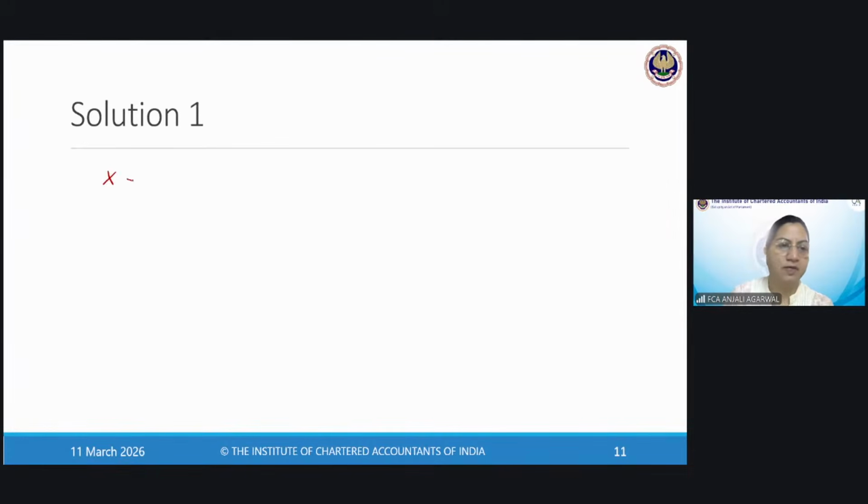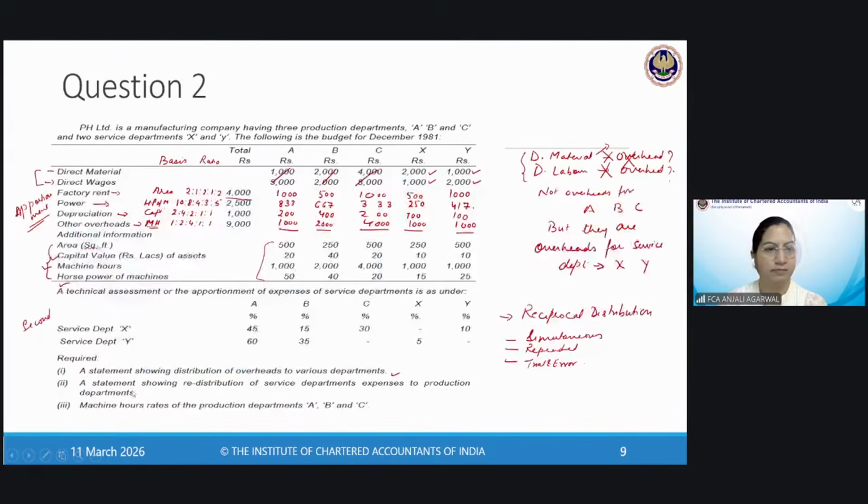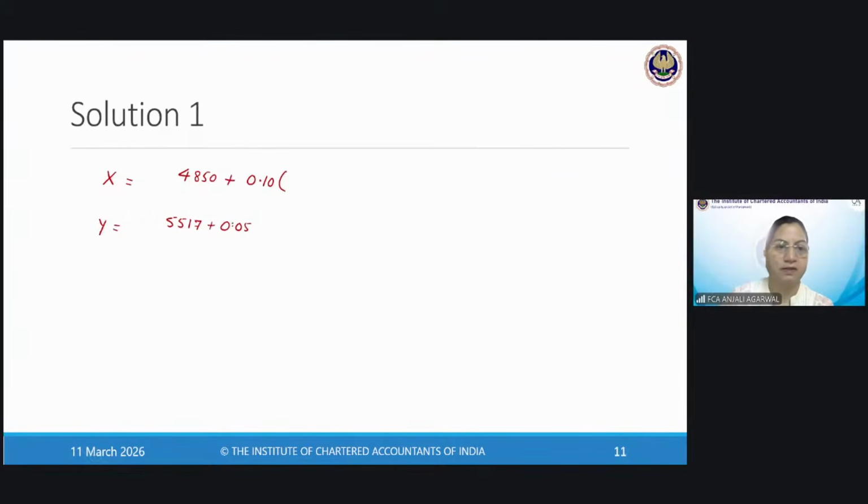But had you solved it by the reciprocal method, X is equal to how much? 4850 plus 10% of Y, and Y is what? 5517 plus 5% of X. X gets 5% of Y, and Y gets 10% from X. Now instead of Y, I will write this.